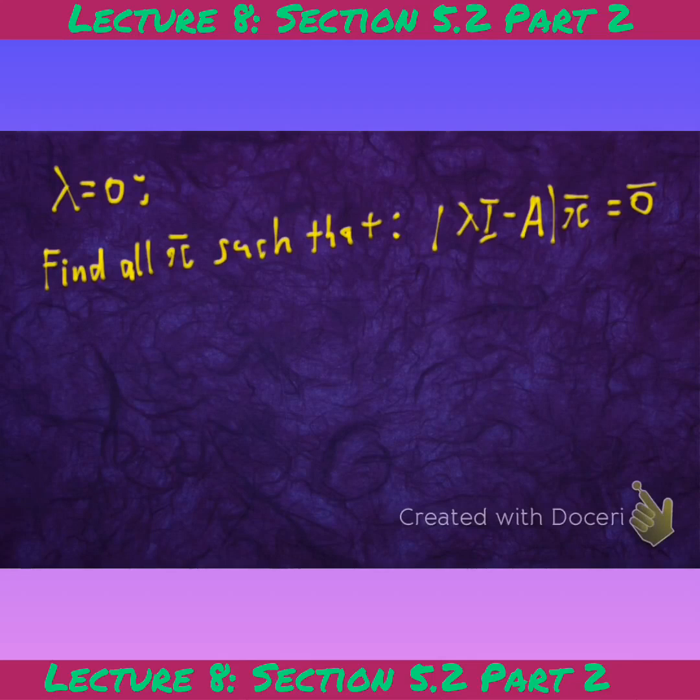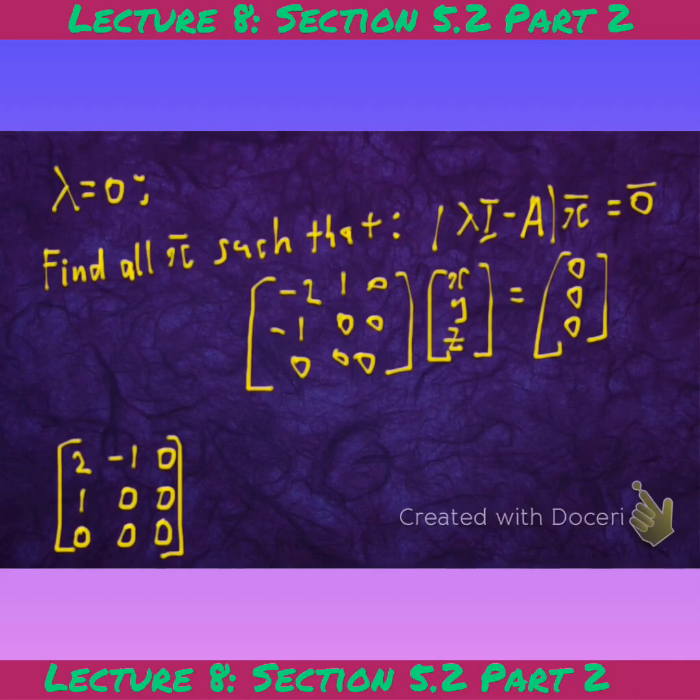So we need to find all x's such that lambda I minus A times x is equal to 0. Recall what the matrix A was. There's my matrix A.